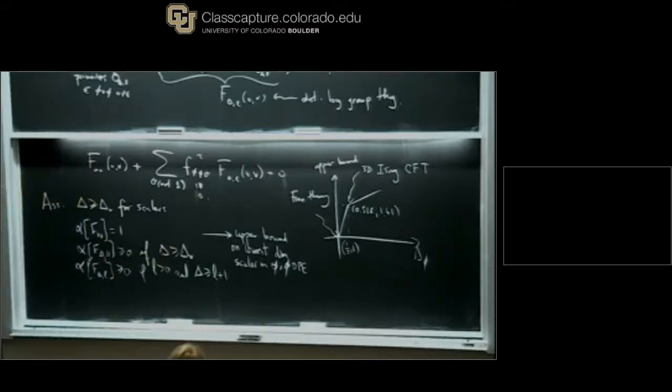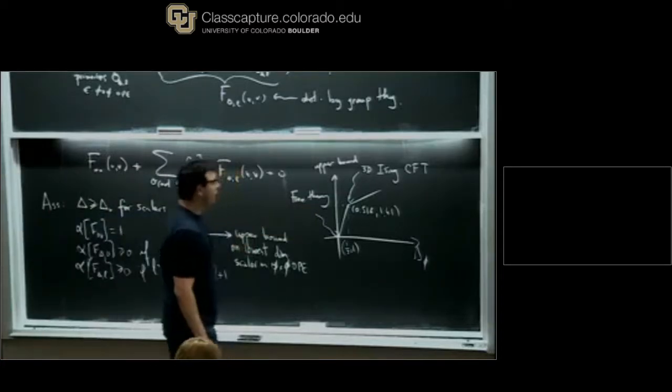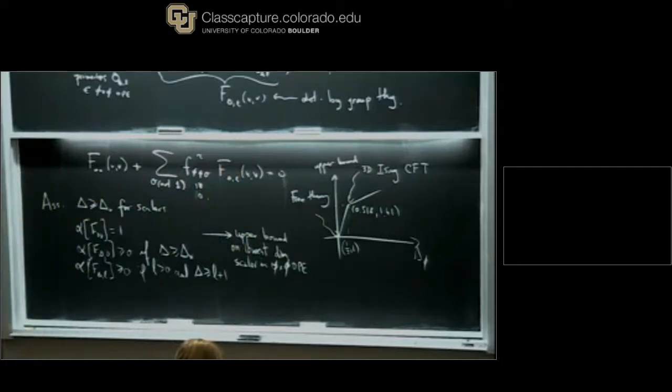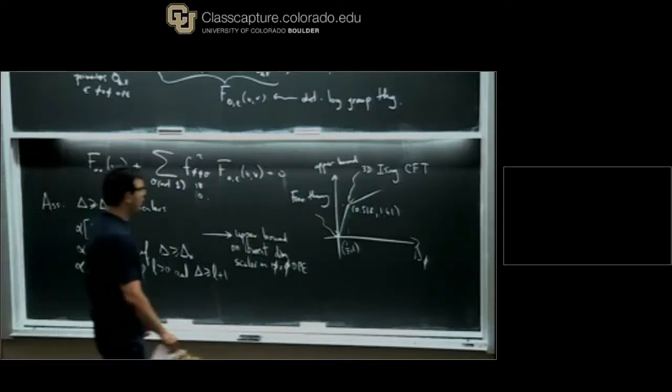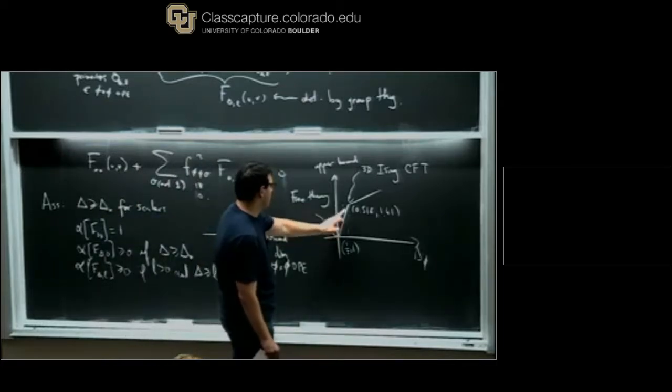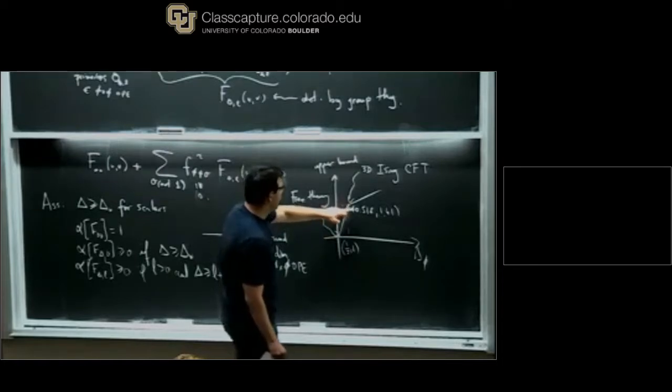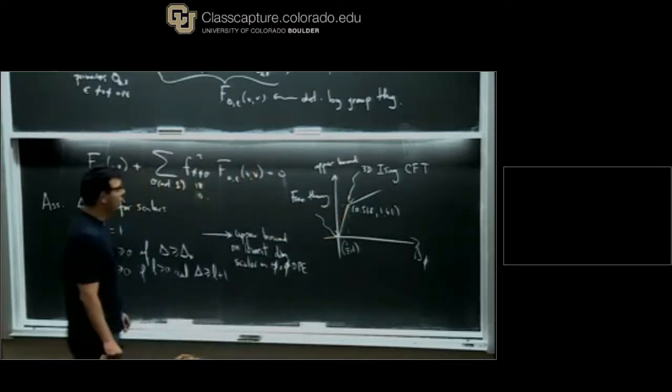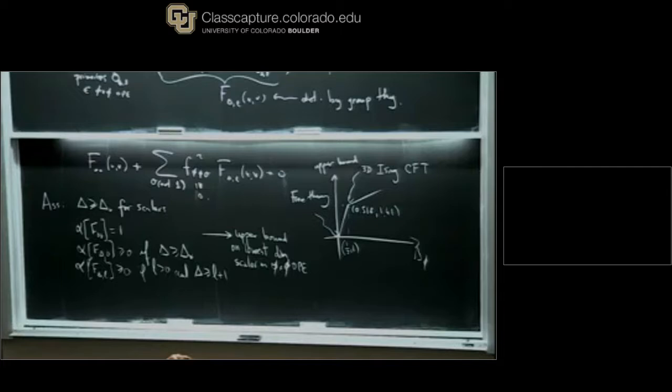So this way we find an upper bound on the scaling dimension, and then we can optimize over alpha so that we find the best bound. And this is a sort of plot that one gets. The important feature is that it starts at the free theory here, and it goes up and there's a kink precisely where the 3D Ising model is, and then it does other things.